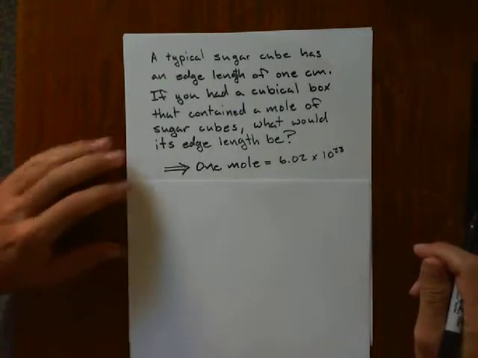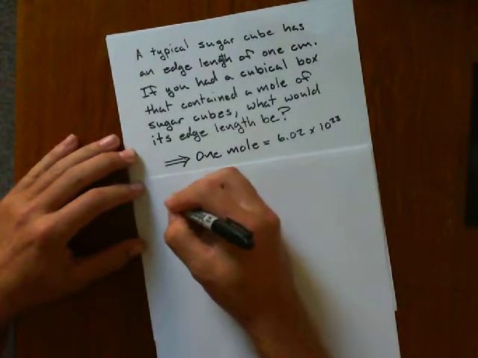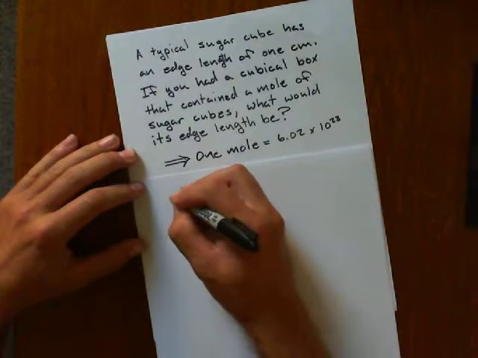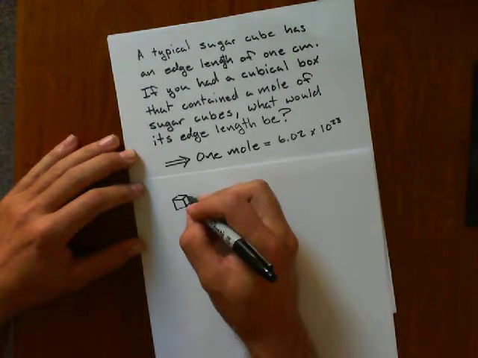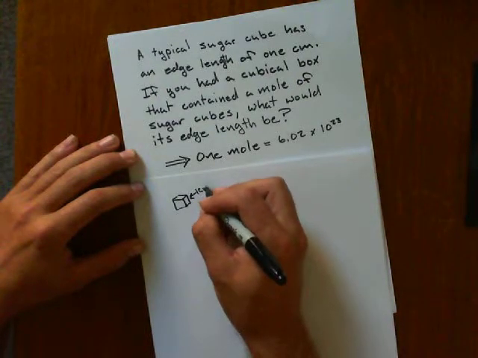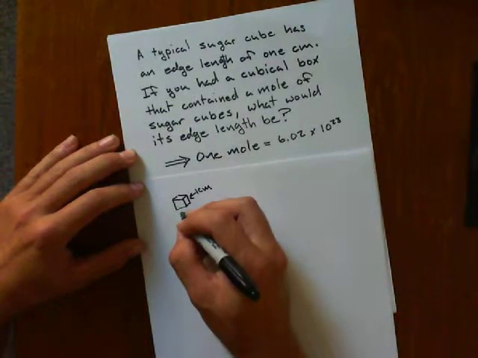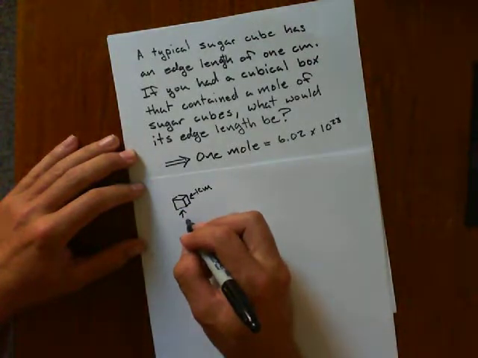The way I had to think of this problem is that I had one sugar cube that was 1 centimeter on a side, 1 centimeter. And that would make the whole cube 1 centimeter cubed.